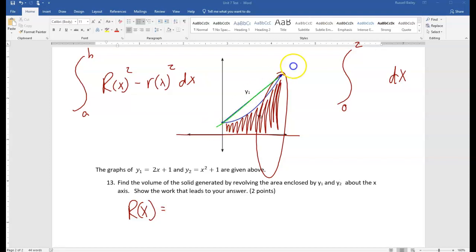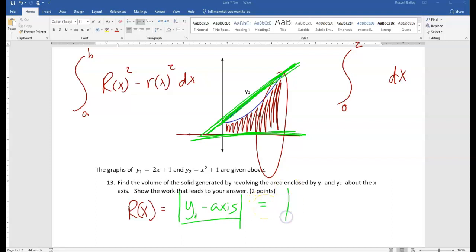So this function right here, the y1, is farther away from the axis of rotation than the other function is. So my big radius is going to be y1 minus the axis. Now, I can see that this function is above the x-axis, so I'm going to write y1 minus the axis. But if your axis is above the function, you would do axis minus y1. But if you want to avoid that confusion, just put some absolute value bars on it.